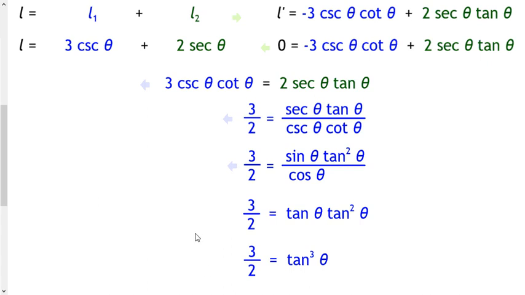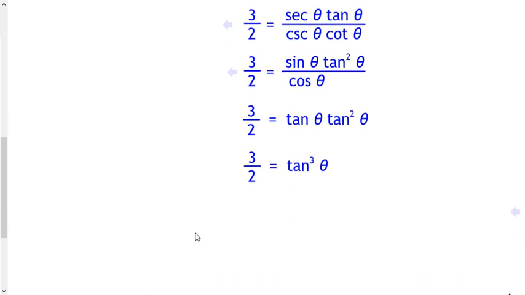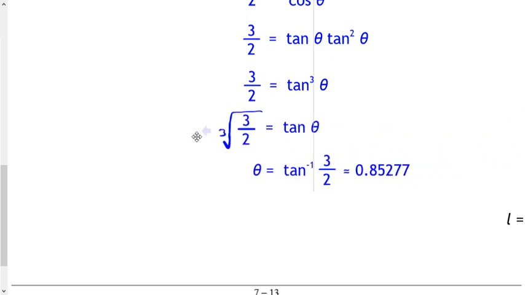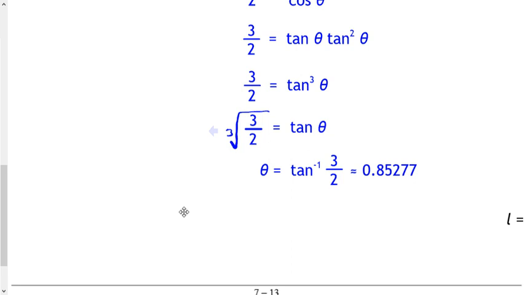Well, to solve this equation, I will need to cube root both sides of the equation. And once I've cube rooted, I can do the inverse tangent of, I'm missing here, but I should have, I'll do it in red. There we go.